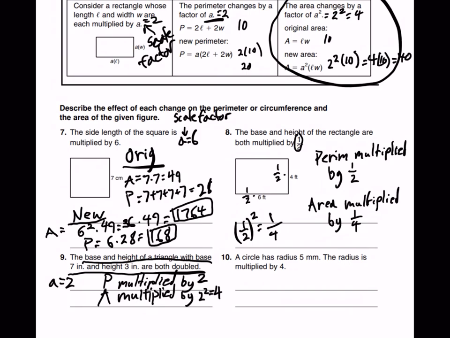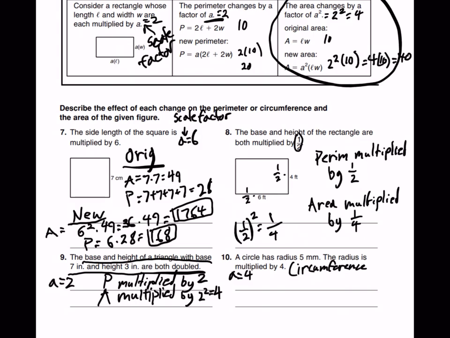And then the very last one: a circle has radius 5 millimeters. The radius is multiplied by 4. So instead of perimeter, we have circumference, but that's still the same idea. Circumference would change the same way the perimeter does, so just by the scale factor. My scale factor here is 4. A is 4.